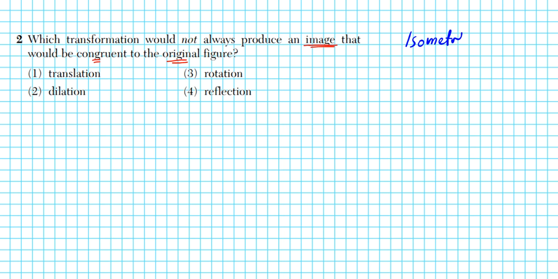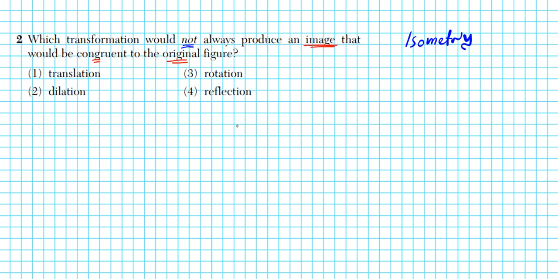Okay? You have an isometry when the measures of the original figure are preserved after transformation. Okay? So in this particular problem, we're looking for what's not an isometry.